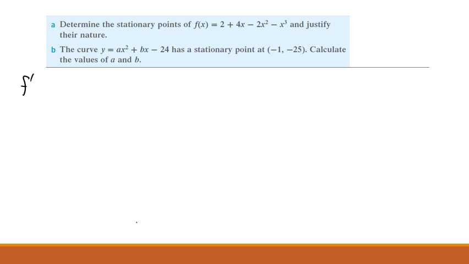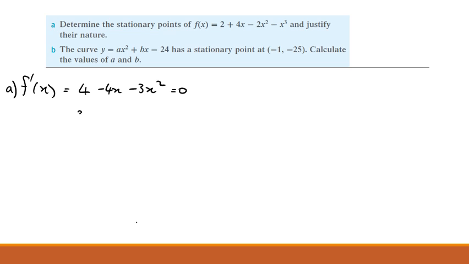So they find the derivative. Oops, almost wrote the x. So that's 4 minus 4x minus 3x squared. And at stationary points, it's equal to 0.